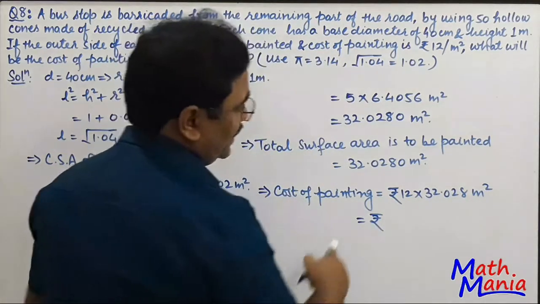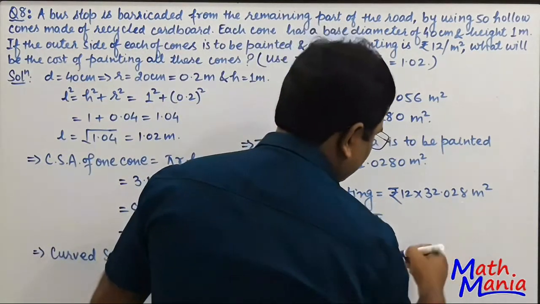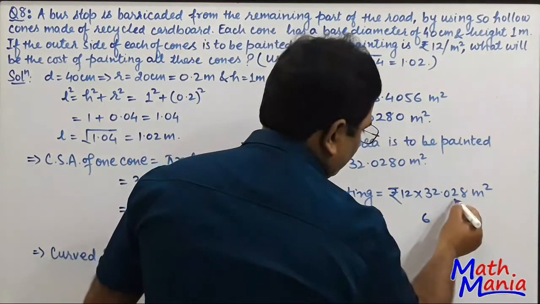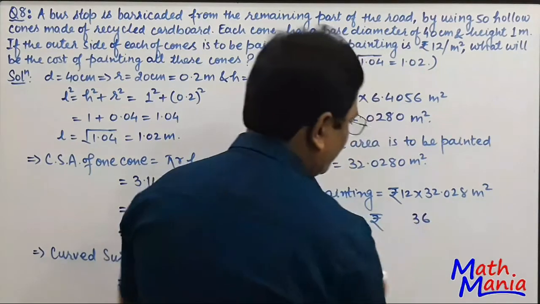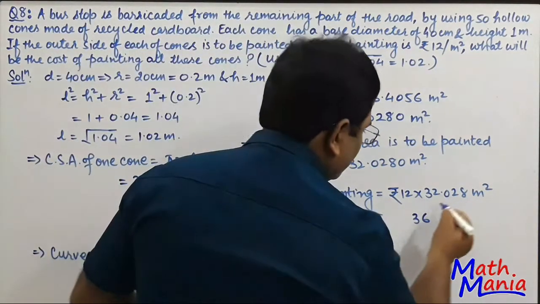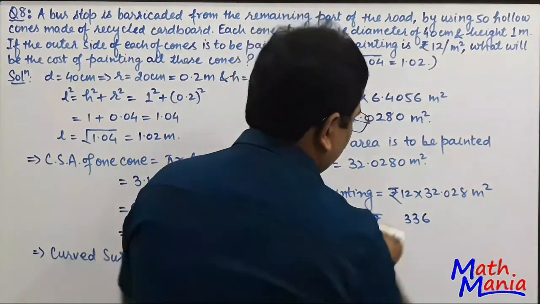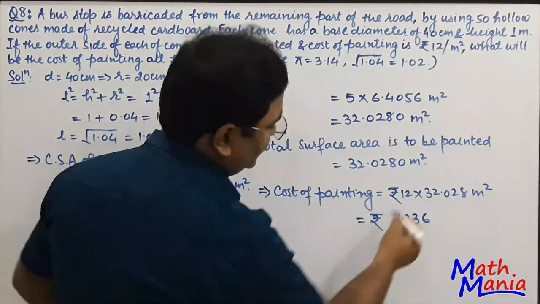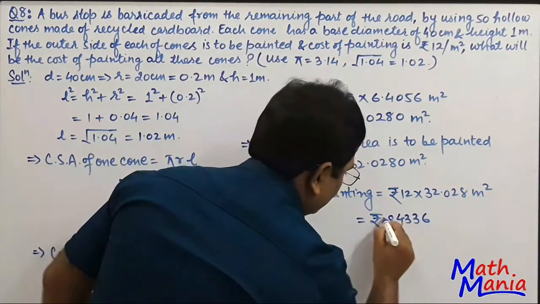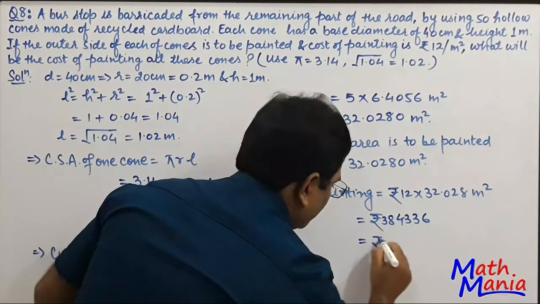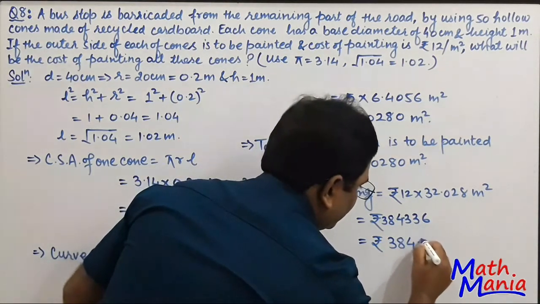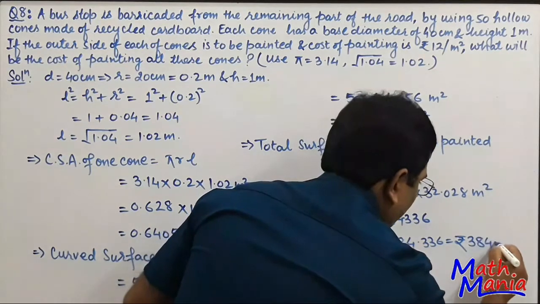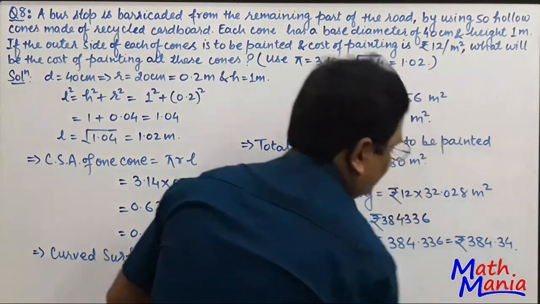Rupees by 12, 12 8s are 96, carry 9, 12 2s are 24, plus 9 is 33, carry 3, 12 zeros are 0, plus 3, 12 2s are 24, carry 2, 12 3s are 36, plus 2 is 38, means 384.336, that can be written as rupees 384.34.